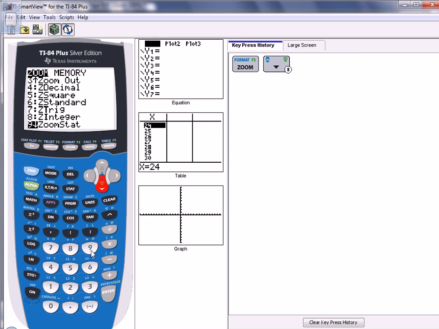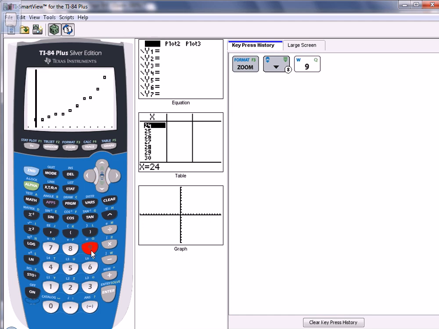That zooms in on the statistical data we entered. Do you see what looks like a quadratic curve here? It's not perfect, but it fits fairly well, doesn't it?